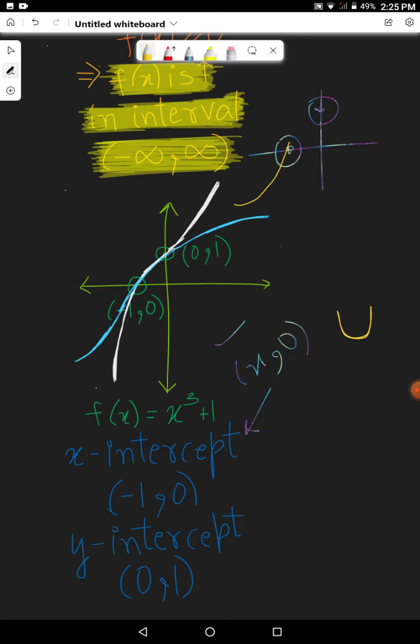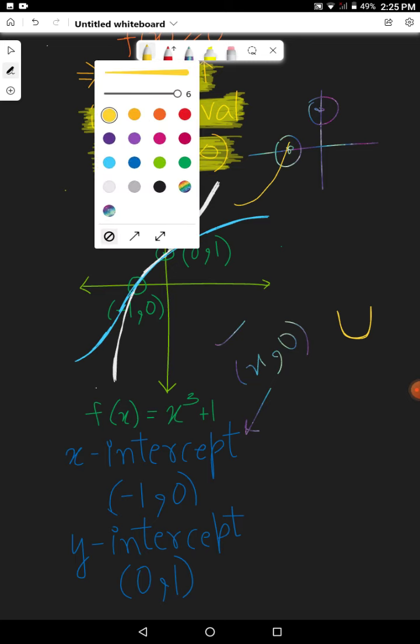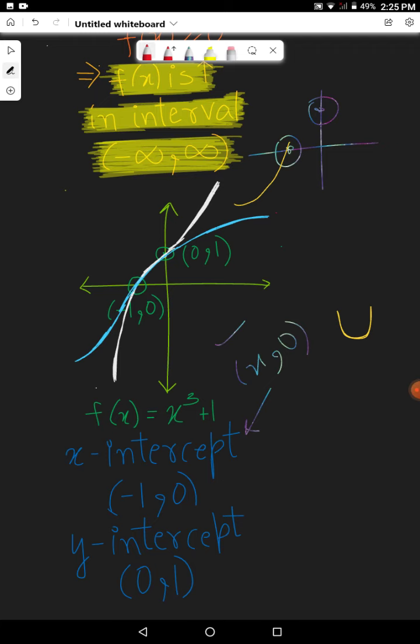And the second one, let me change the color. Okay, yeah. The second one can go like this, where the concavity is downwards. So here comes the role of concavity. In order to sketch the graph, we need to study the concept of concavity.